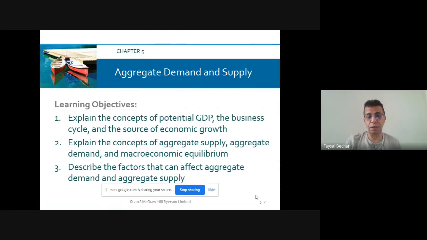Now, in aggregate demand and aggregate supply, the objectives we need to learn include explaining the concept of potential GDP, the business cycles, and the sources of economic growth.